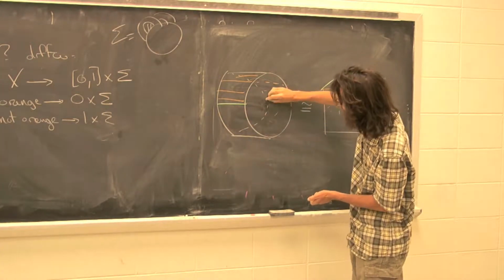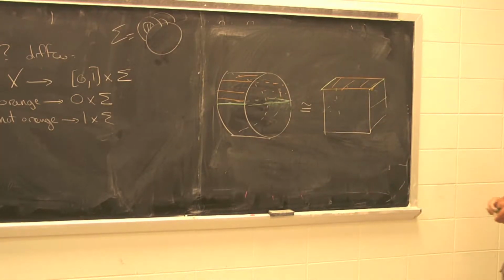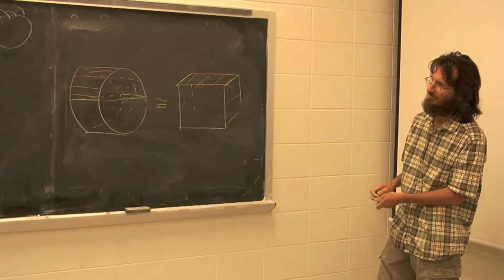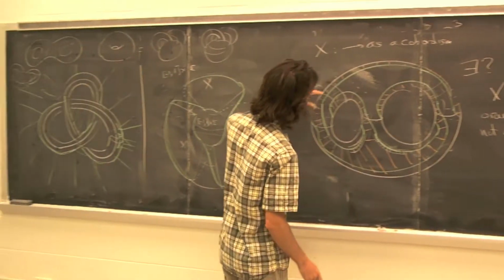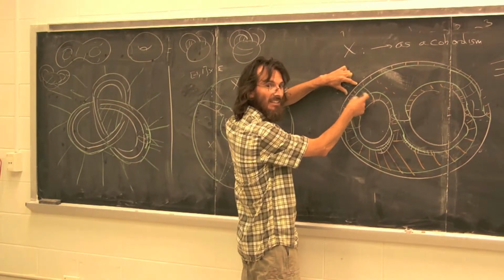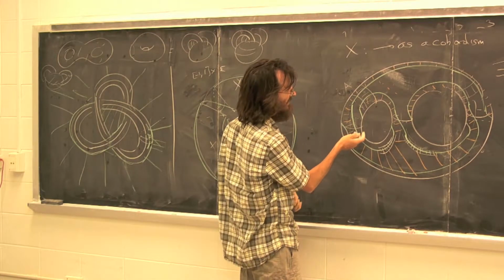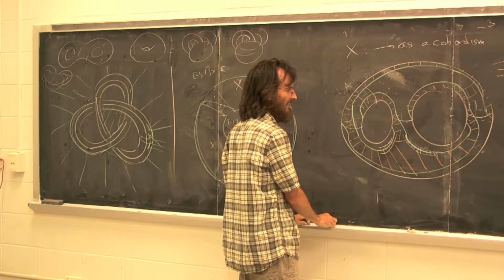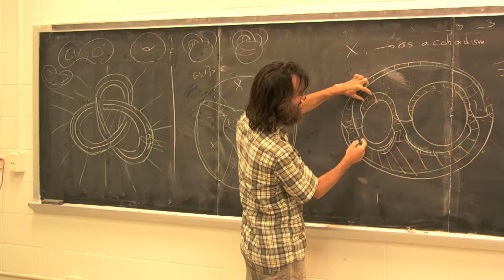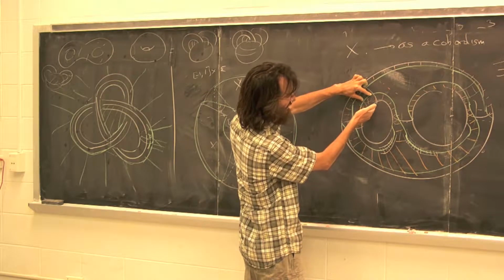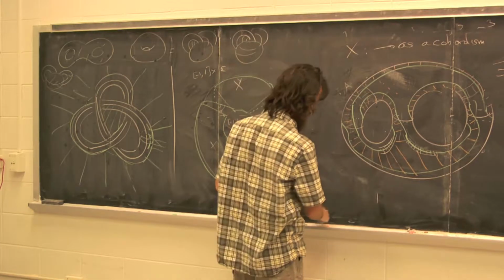So another way to say what I want to do is I want to cut out a solid disk, a thickened up disk here, and when I remove that thickened up disk, I'm realizing it as the orange thing intersected with the boundary here across it.